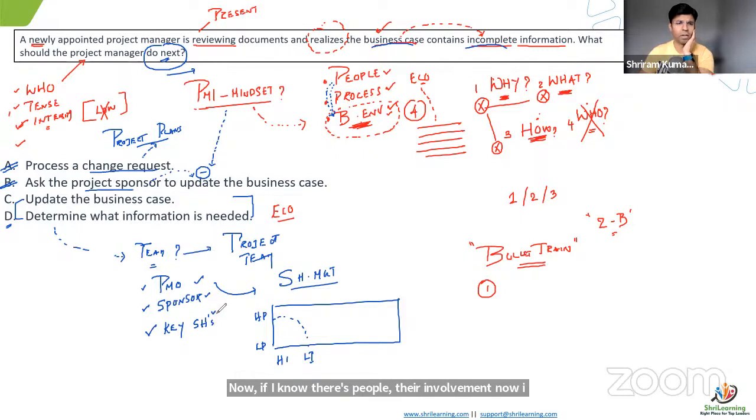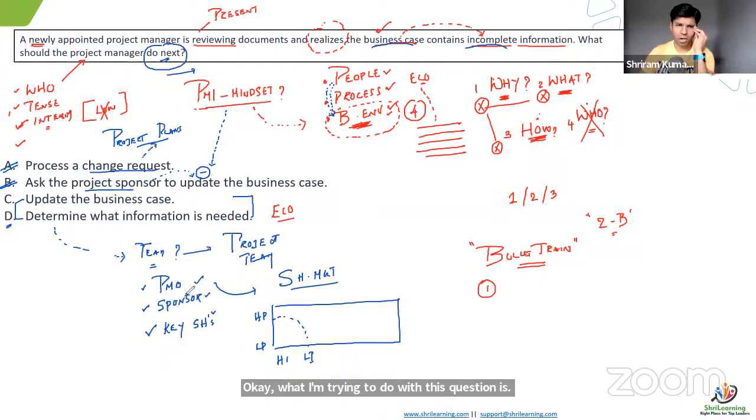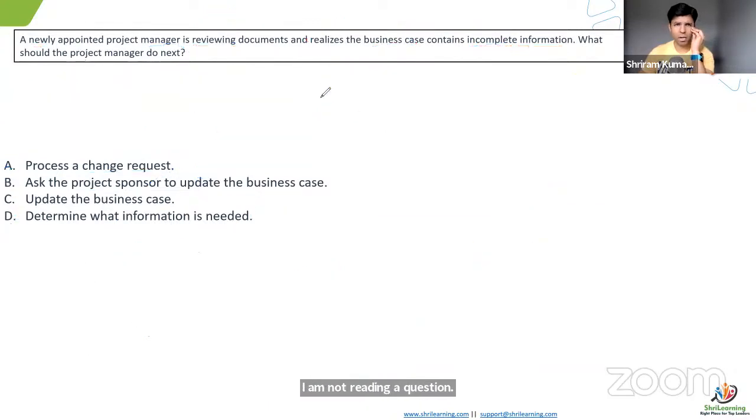What I'm trying to do with this question is, when I read a question, I am not reading it just to say how to solve the business case. When I was reading the question, what PMI really wants to see is your brain processing in the right way.